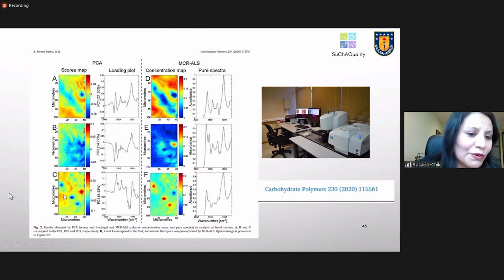So it's difficult to interpret scores and loadings plots from a PCA in an image analysis, because I see this loading and I can only conclude that this band is important for this component in red, and this negative band is not important for this component in red, but is very important for this place in blue.